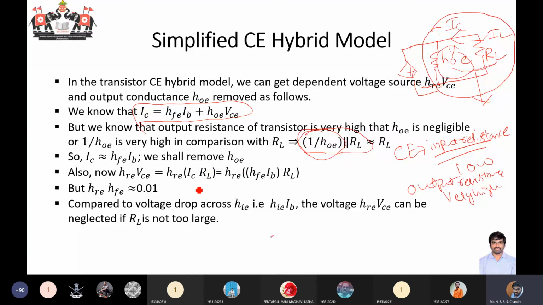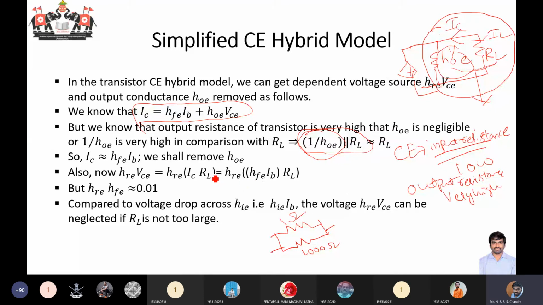Now let us consider that you have a 1 ohm resistor in parallel with a 1000 ohm resistor. What will be the effective resistance? Please respond.